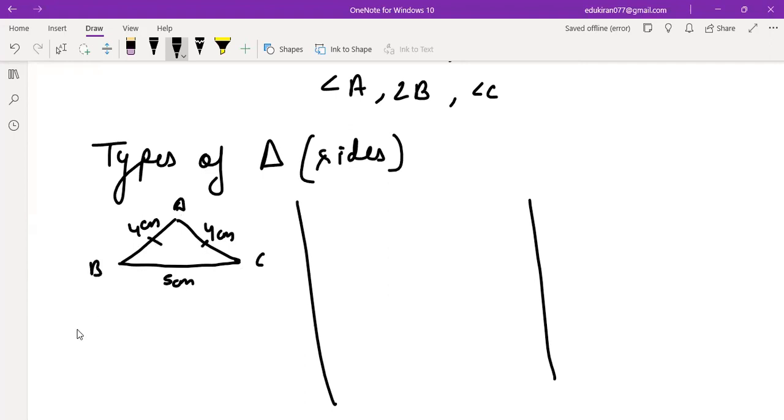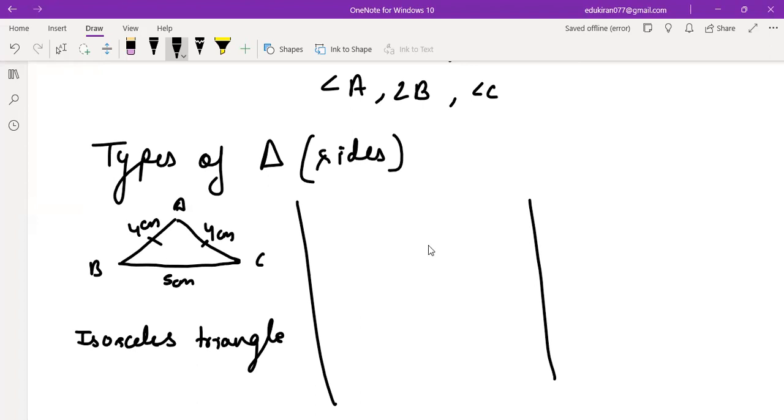So what we will say here, this one will be isosceles. You have to learn the spelling as well. I-S-O-S-C-E-L-E-S triangle. So the triangle in which you get 2 sides equal is an isosceles triangle.